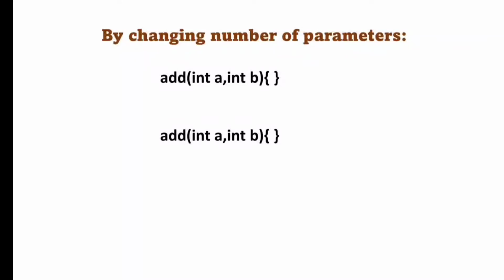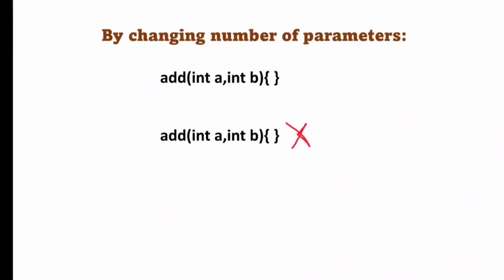Okay, so first we are going to see how we can overload the method by changing the number of parameters. Now see here, this add method we have to overload in a program, and if we pass the same number of parameters that the existing method has, then the compiler will raise an error and the program won't compile, because at the time of method calling, the Java compiler identifies the method to call based on the method signature, and method signature means the name of the method and the number of parameters and their types.